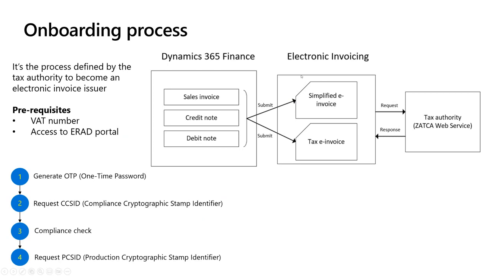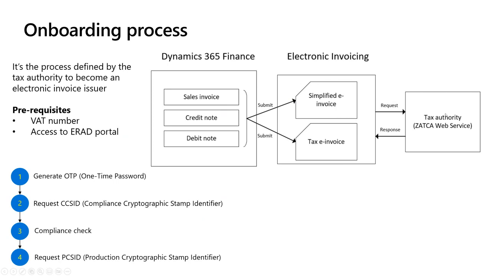electronic invoicing, where you will issue sales invoices, credit notes, and debit notes, and from those we will generate tax invoices and send them to Zatka web services for approval. And we will also submit simplified invoices to electronic invoicing, and electronic invoicing will send them to Zatka for approval.